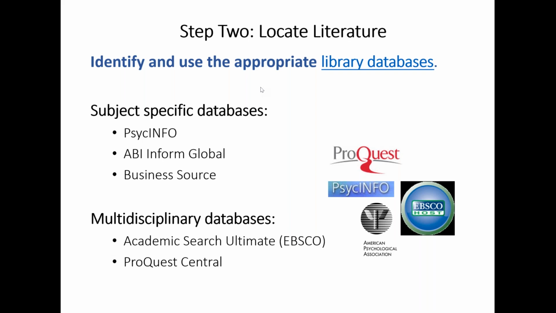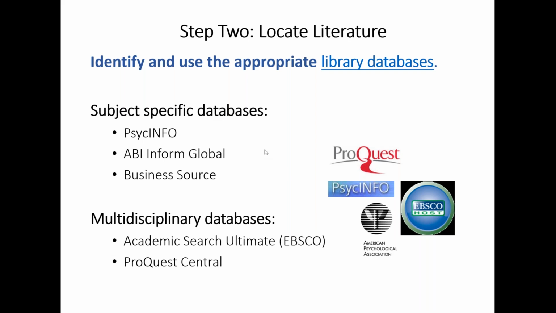Again, you can use those subject-specific limiters and bells and whistles, like thesauri, to do a search. And you'll get more subject-specific results. So some of our subject-specific databases are PsycInfo for psychology, ABI Inform Global or Business Source for anything management or organizational related.